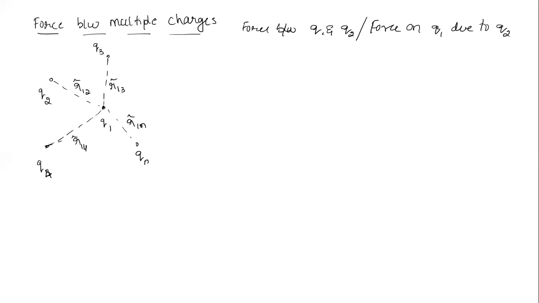This is given by force on 1 due to 2 is given by 1 divided by 4 pi epsilon naught multiplied by Q1 Q2 its magnitude divided by distance R12 square into R12 cap.